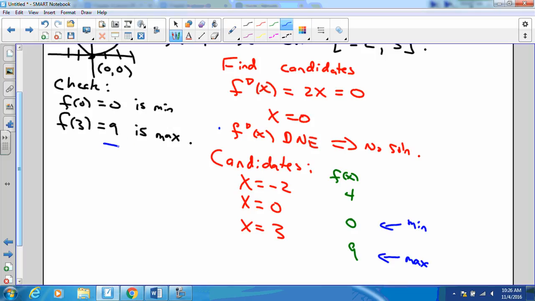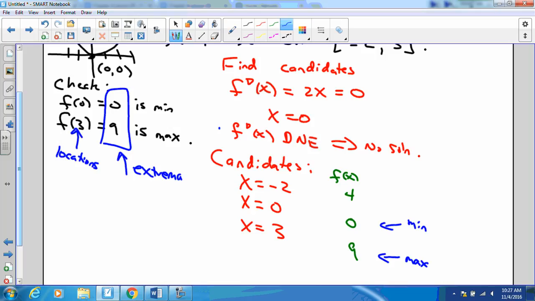I want you to avoid the newbie mistake. The maximum value is the f value. The minimum value is the f value. It is not the location of that max or min. So these are the locations, and these are the actual extrema. Sometimes people get them confused, and they'll say the max is 3. No, it's not.